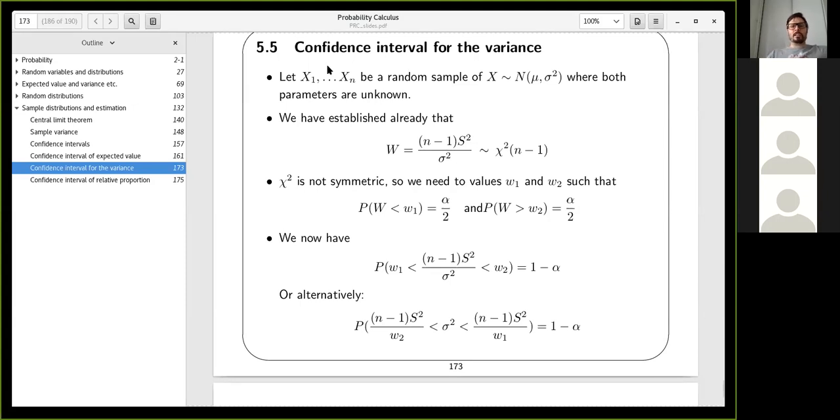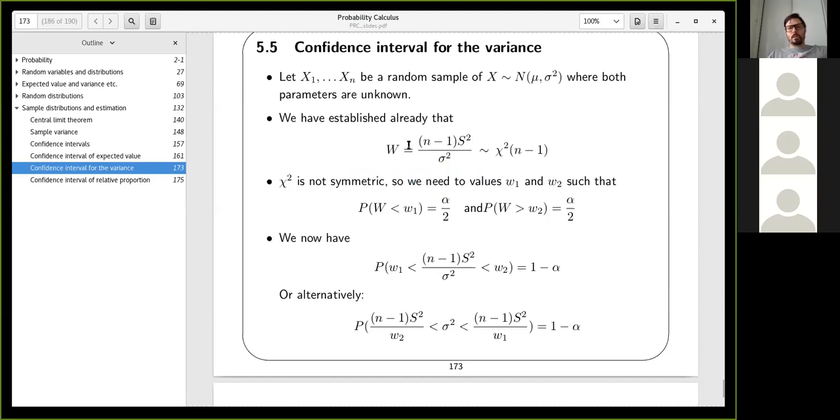So we've established here that when you calculate the statistics of the sample variance, you can transform it into a chi-squared variable with n-1 degrees of freedom. But the problem, of course, is that this sigma squared, the actual variance, is not known.